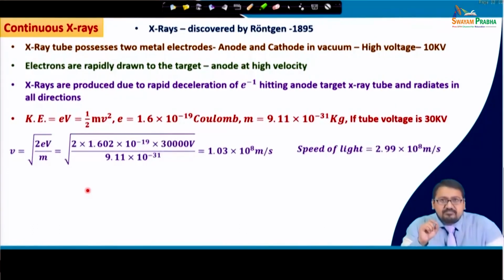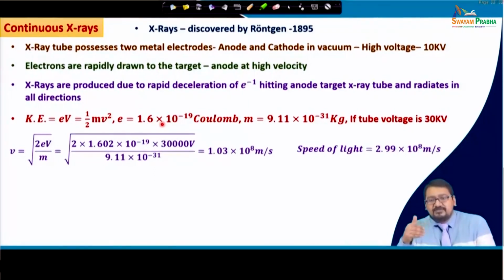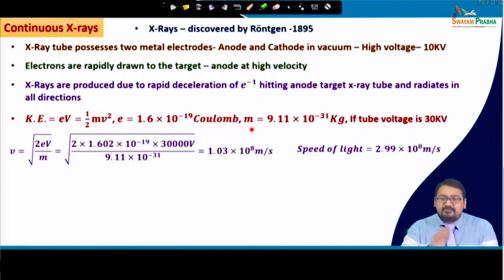So if we talk about this mathematically, the kinetic energy of the electron is equal to eV, where e is the electronic charge and V is the voltage that we are giving to the material, and that becomes equal to half mv squared, where m is the mass of the electron and v is the velocity it can travel, right? We know the electronic charge is 1.6 into 10 to the power minus 19 coulomb, and m, the mass of the electron, is 9.11 into 10 to the power minus 31 kilograms.